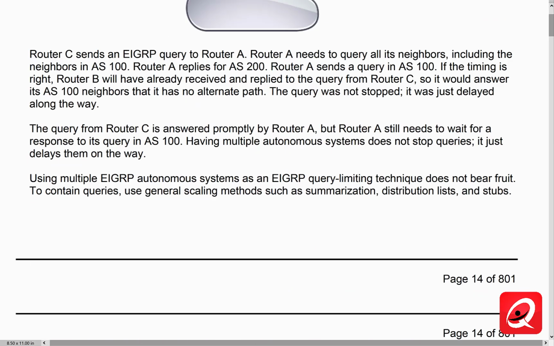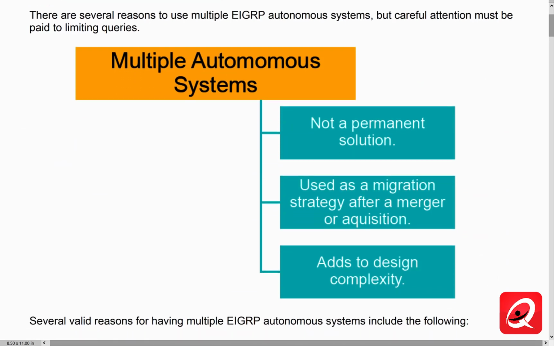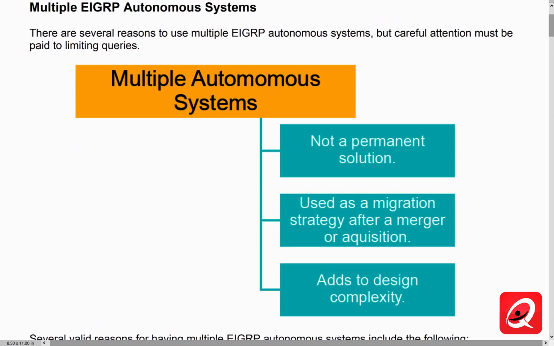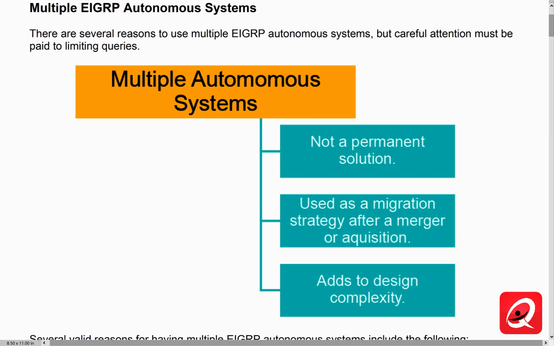There are some key points that they document here in the book, right? There are several reasons to use multiple autonomous systems, but careful attention must be paid to limiting the queries. Multiple autonomous systems are never considered to be a permanent solution.